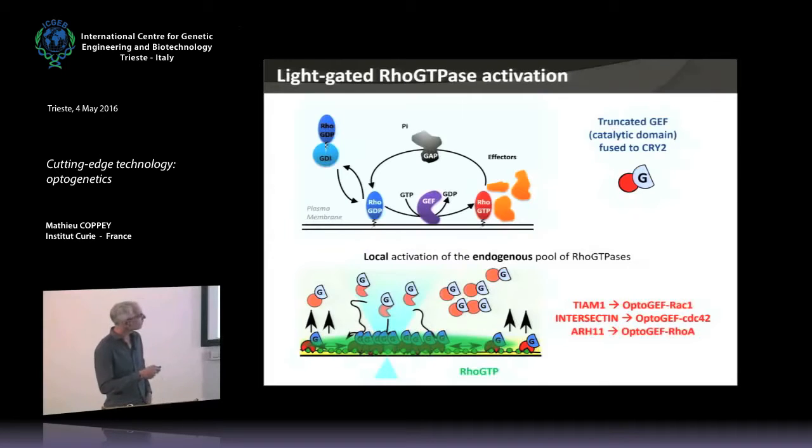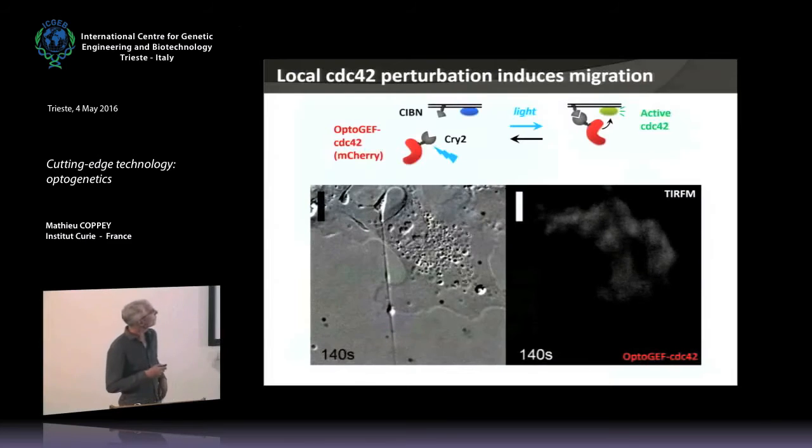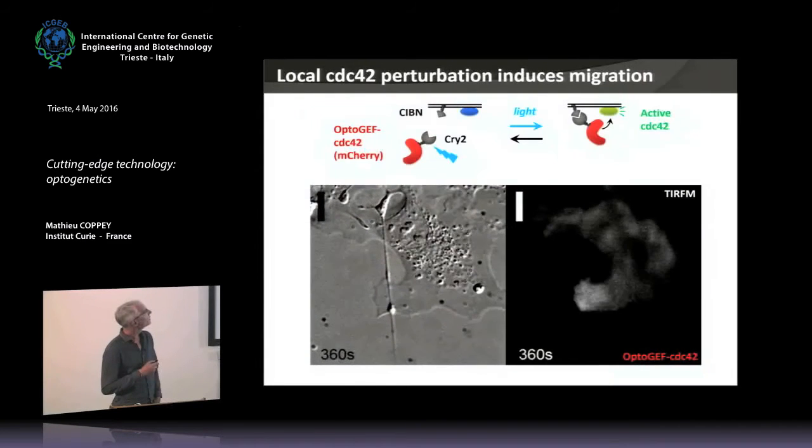Again, the idea is that on the same kind of graphics, now you put an active protein, and you are able to rescue this membrane localization. One advantage is that you activate only the endogenous pool of RhoGTPases, because you don't overexpress them, compared to the RAC1 techniques I presented at the very beginning. So this is one example with CDC42.